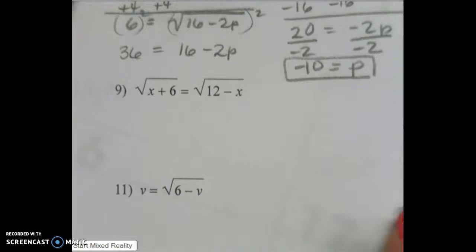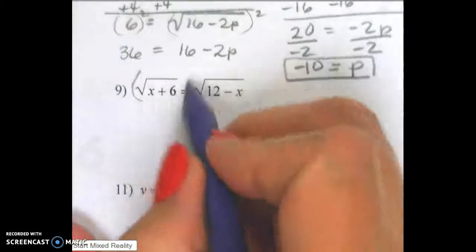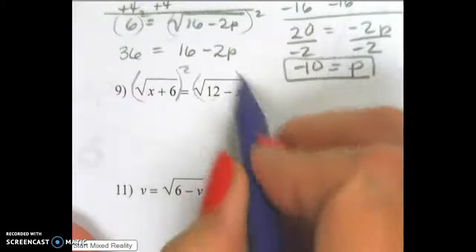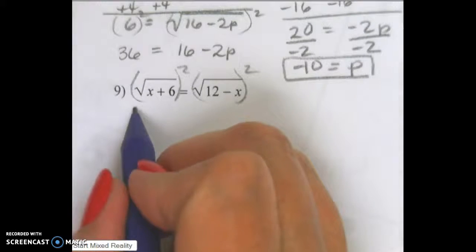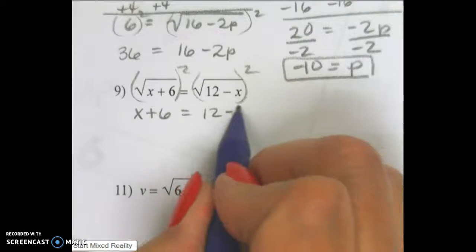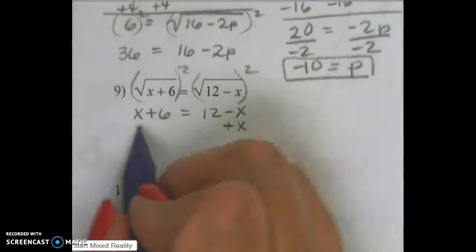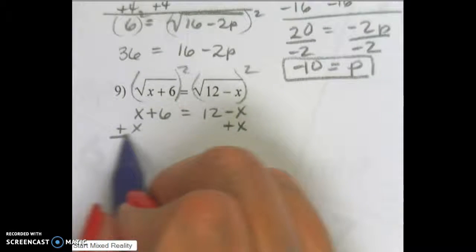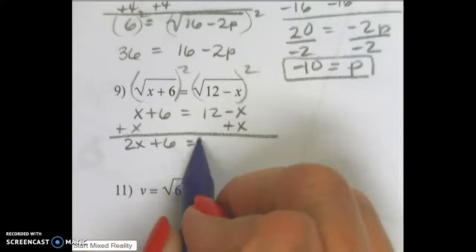Again, I have radicals on both sides, so I have to square both sides to get rid of the radical. When I square both sides, I get x plus 6 equals 12 minus x. I'm going to add an x to both sides. 2x plus 6 equals 12.